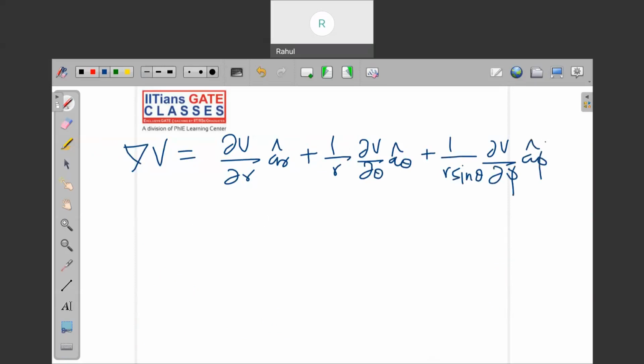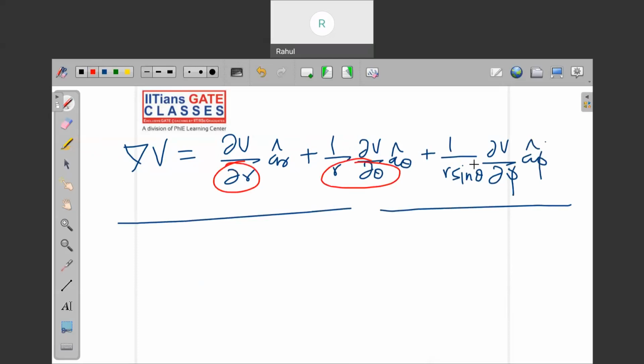So it is very easy to remember if you are able to recall these differential lengths. In the spherical coordinate system, this is how we write the gradient operator, which operates on the scalar function.